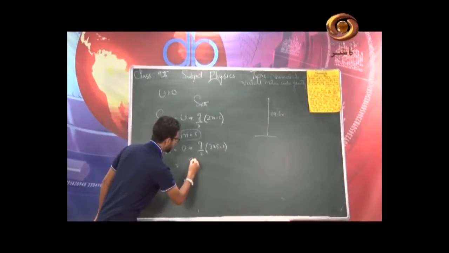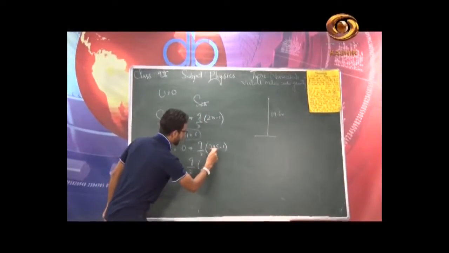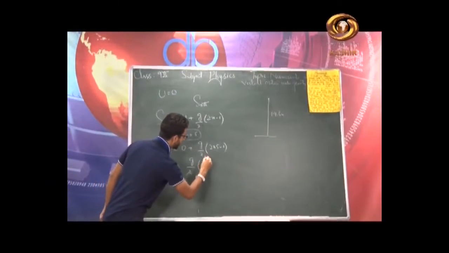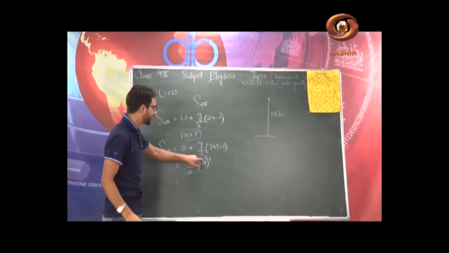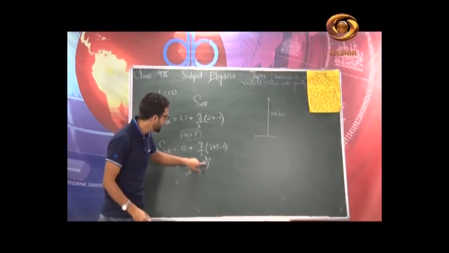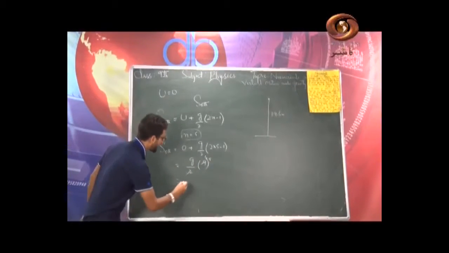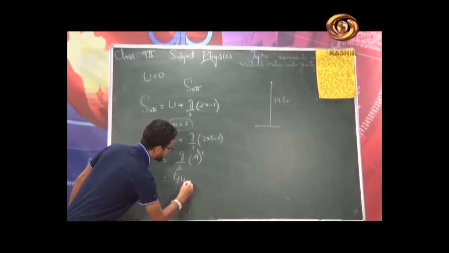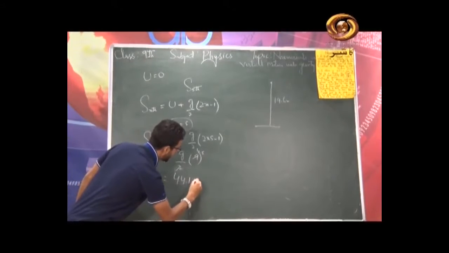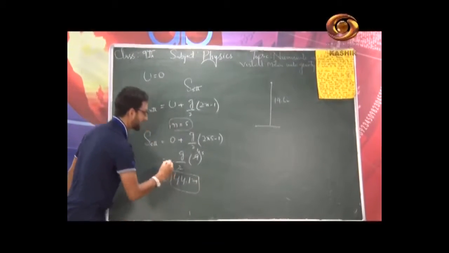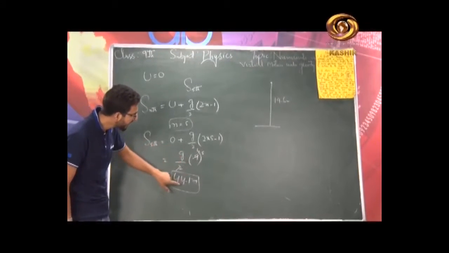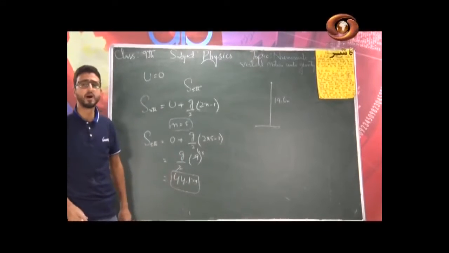So this is simply equal to g by 2, 2 5s are 10, 10 minus 1 is 9. So this is 4.5 into 9.8. If you do this calculation, you will get the result approximately equal to 44.1 meter.